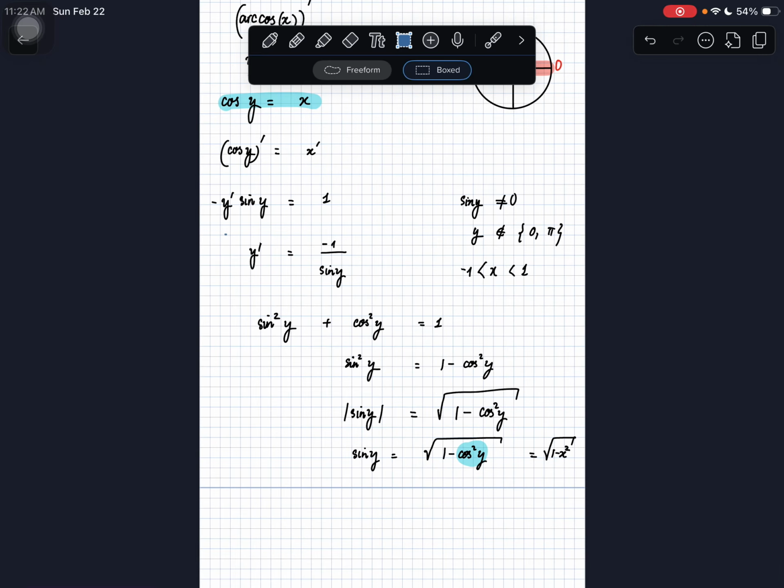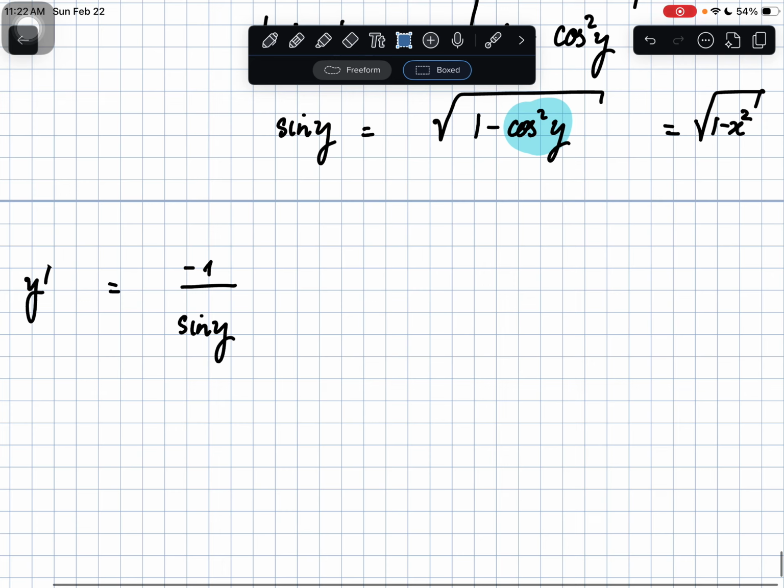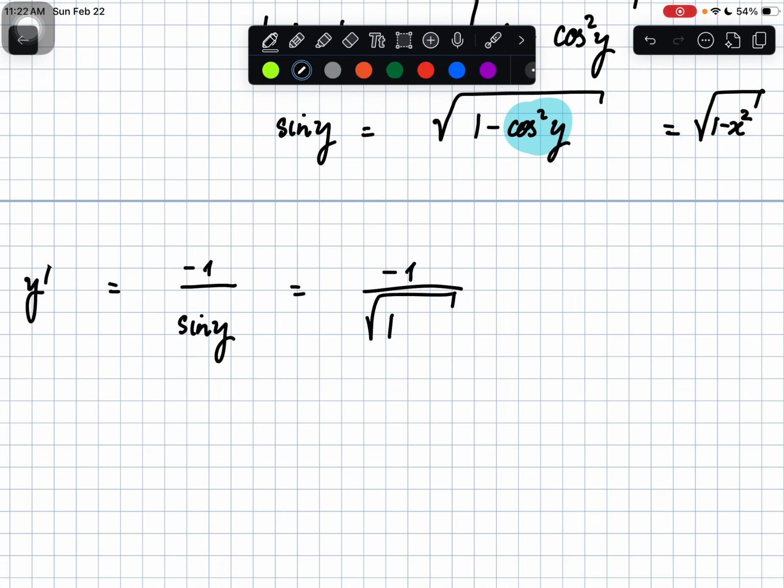Now we put it here. y prime equals minus 1 over sine of y, which is minus 1 over square root of 1 minus x squared. So we get it done. y is the function arc cosine of x.